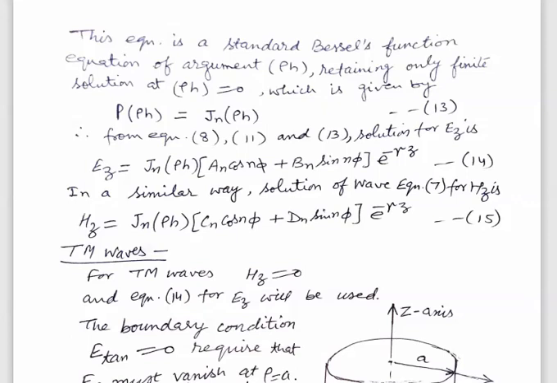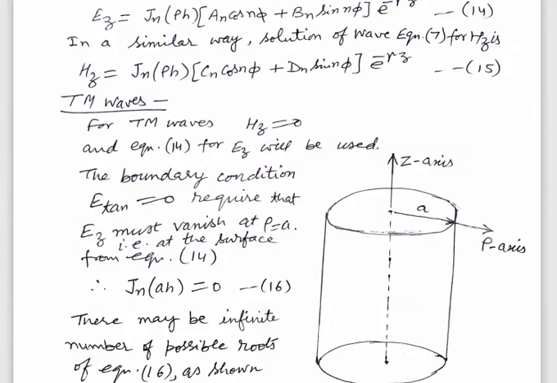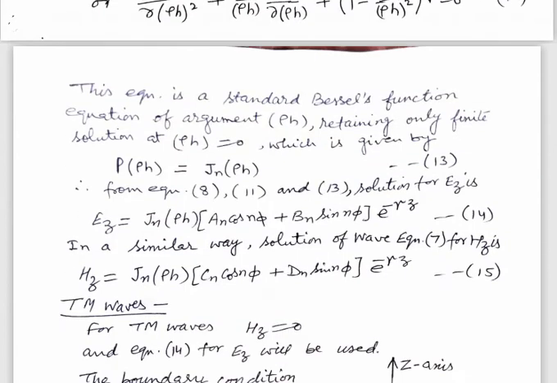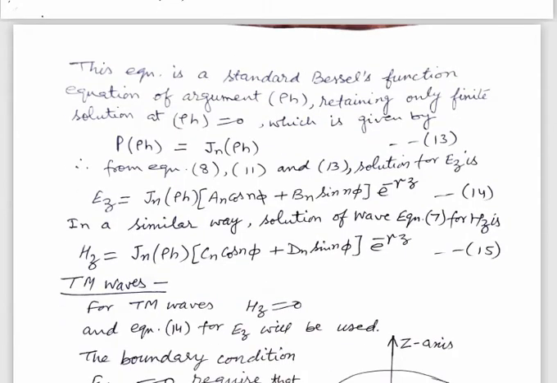Now, we consider the case of the TM wave, that is transverse magnetic waves. For transverse magnetic waves, the component of magnetic field along the direction of wave propagation, that is along the z axis, will be 0, that is Hz will be 0, and therefore we will use the solution for the Ez component given by equation number 14.